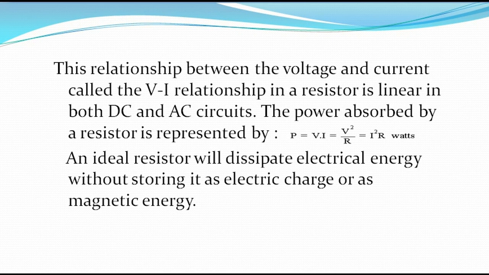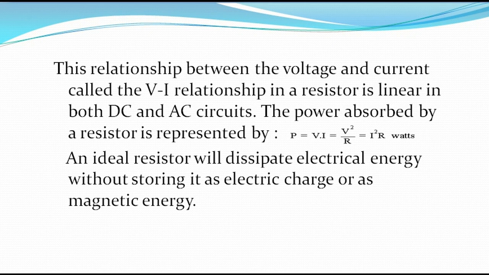When the current and voltage are passing through the resistor, definitely there must be power, and the resistor will absorb the power. In that case, it's represented by P is equal to V times I.